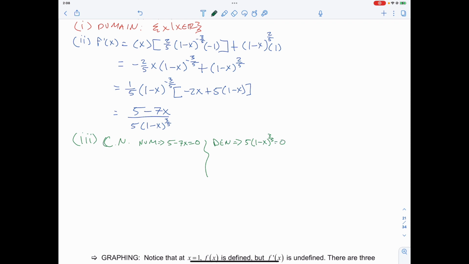In the numerator, if negative 7x is equal to negative 5, then x is going to equal 5 over 7. In the denominator, I can divide by 5, and 0 is still going to equal 0. I can take the cube root of 0, and it's 0. I can do 0 to the power of 5, and it's still 0, which means that this is just going to be 1 minus x is equal to 0, which means that x is going to equal 1.